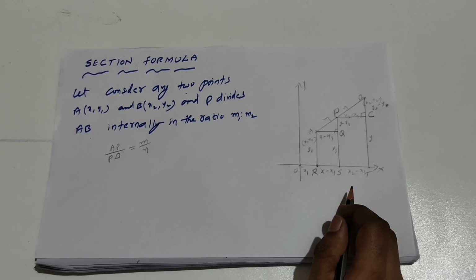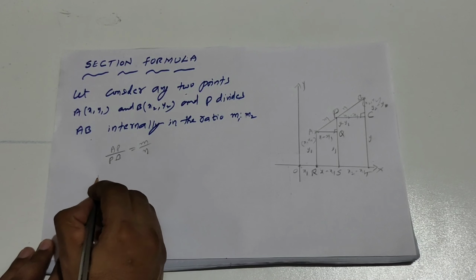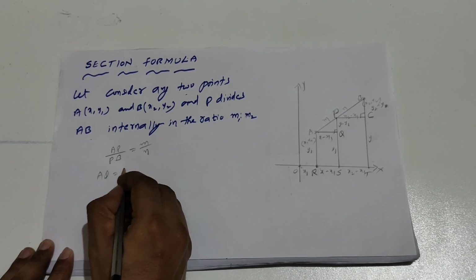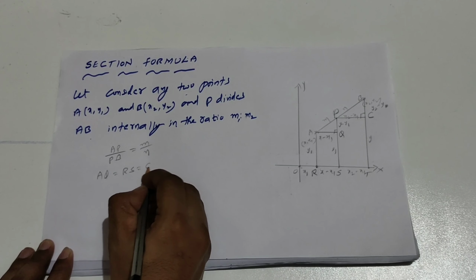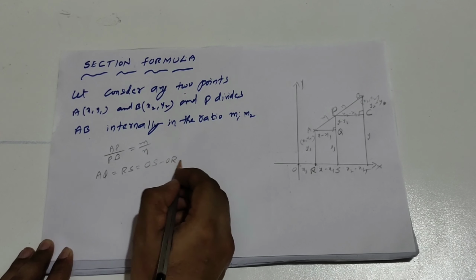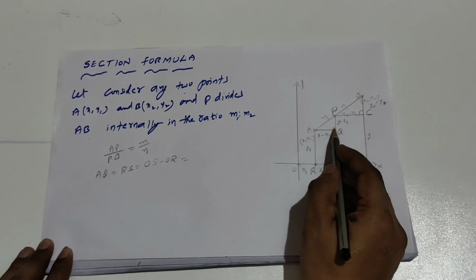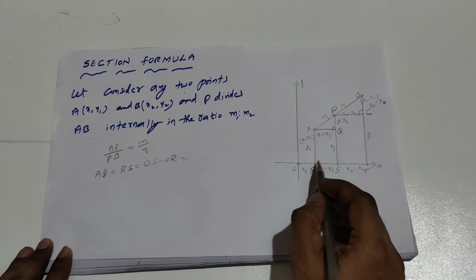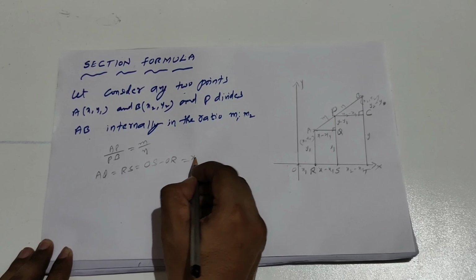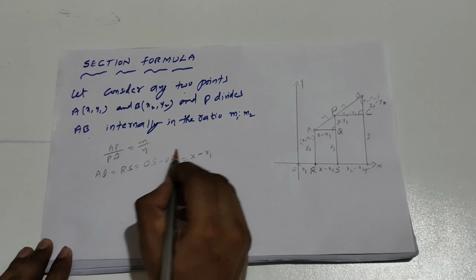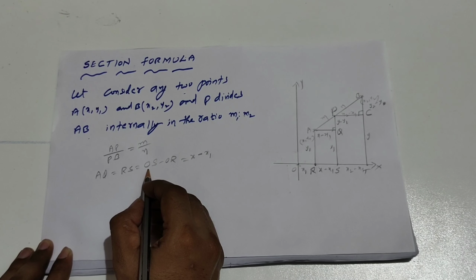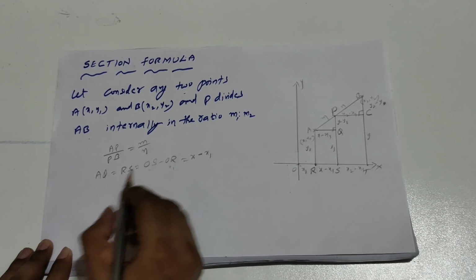Here we have AQ equal to RS, which is OS minus OR, that is simply x minus x1, since OS is x and OR is x1.